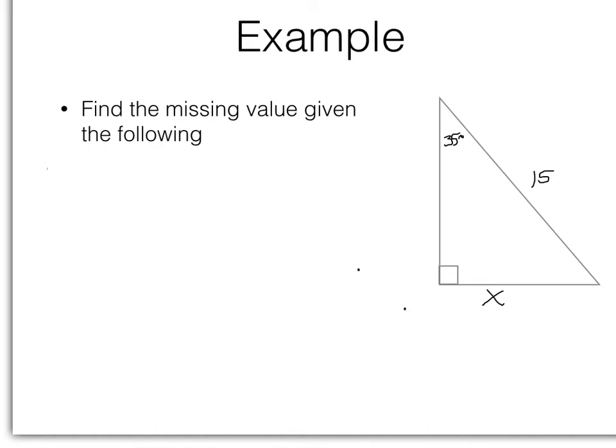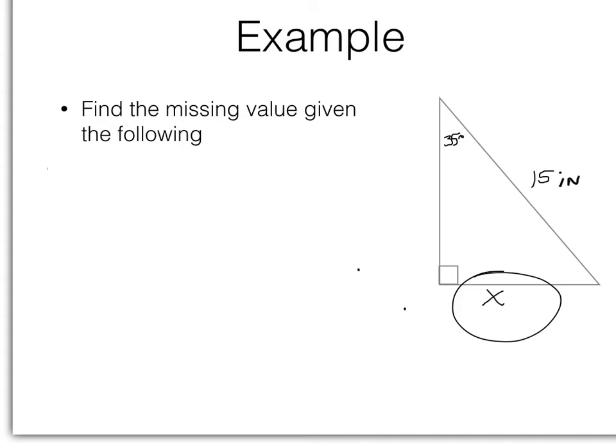Okay, so here we're given a triangle, and all we have for this triangle is 35 degrees and a 15 unit measure. Let's call this 15 inches. Okay? And we need to find the length of this side here. So what we can do is we can use our trig ratios to set up a ratio that allows us to find out what is the measure of that side.